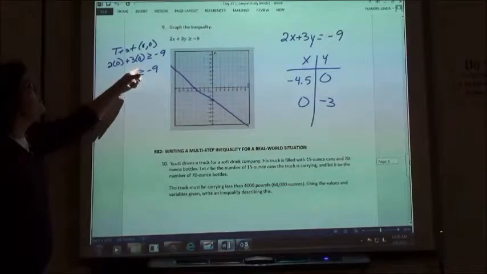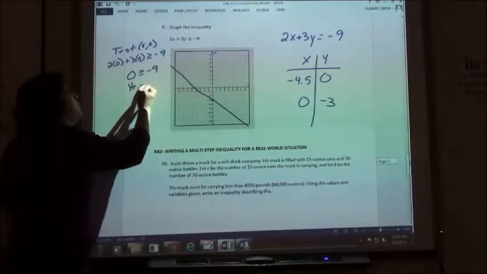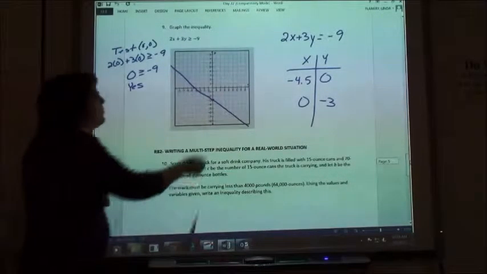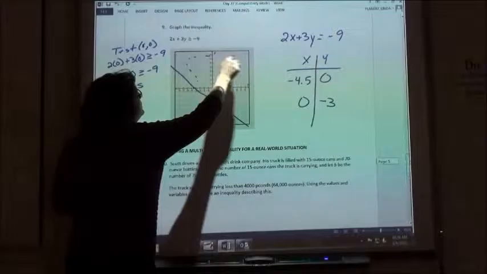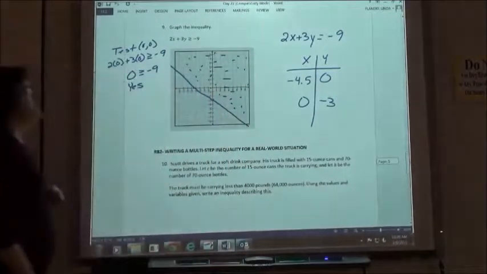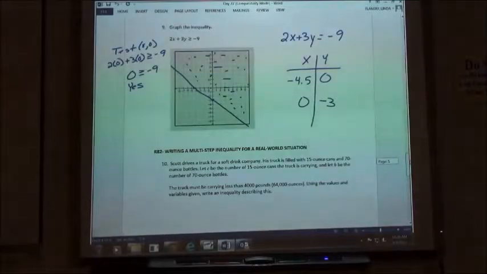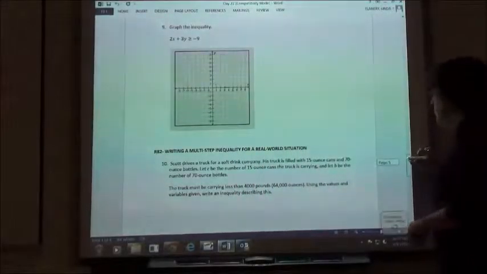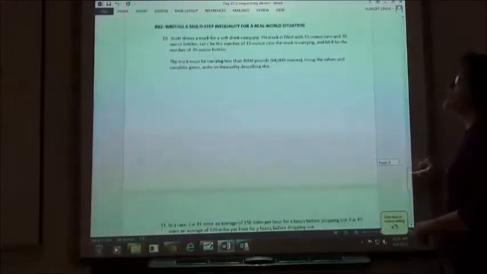But yes, 0 is greater than -9, so that's a true statement. So we are going to shade the side with 0, 0, which is this side up here. And so my graph looks something sort of like that. The next ones, we are just going to translate these into inequalities.